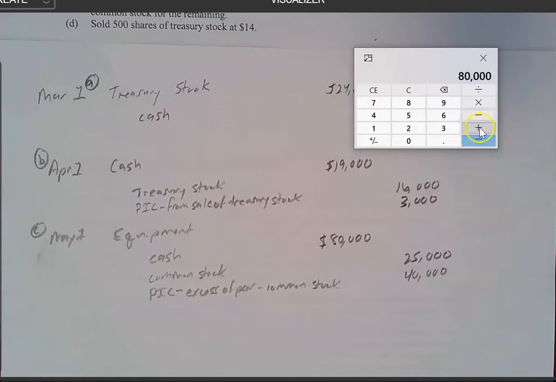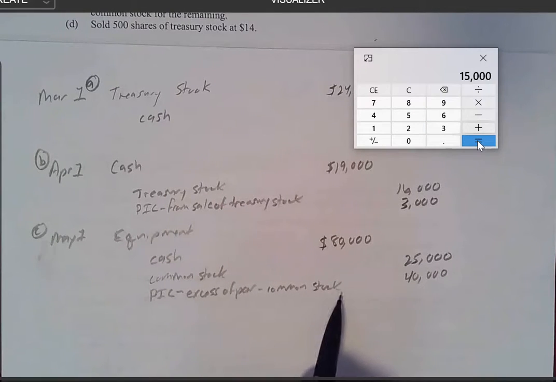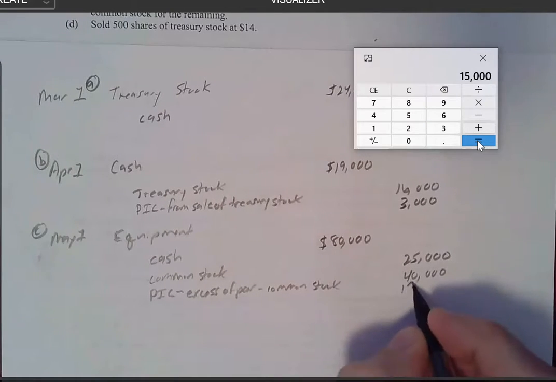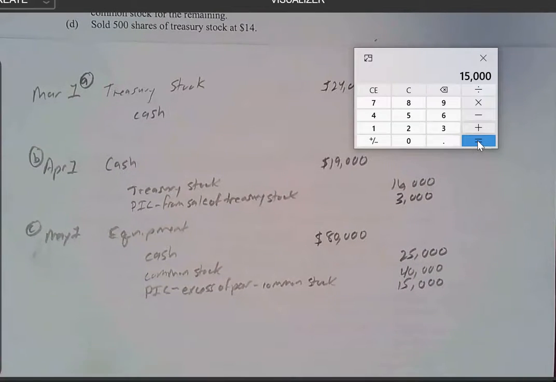$80,000 debit minus the $25,000 in cash minus the par value of the 4,000 shares of stock. We still have $15,000 less, so paid in capital, excess of par, common stock $15,000.